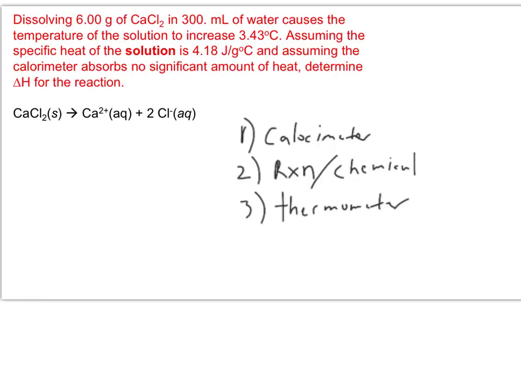So the reaction being calcium chloride, 1 mole of calcium chloride solid, when it dissolves, we yield 1 mole of calcium cations and 2 moles of chloride anions.